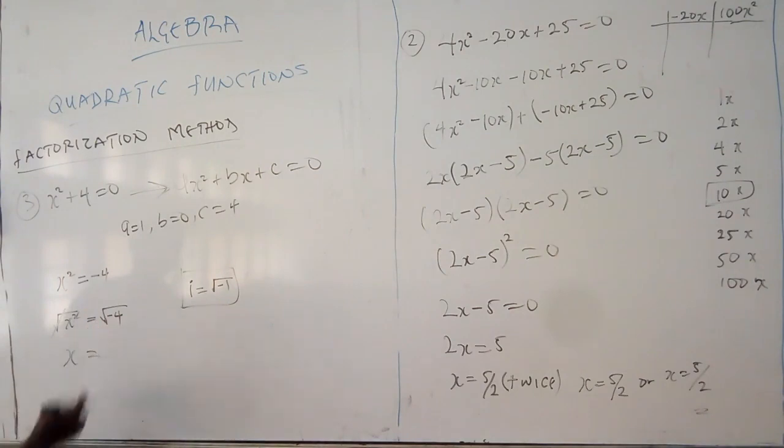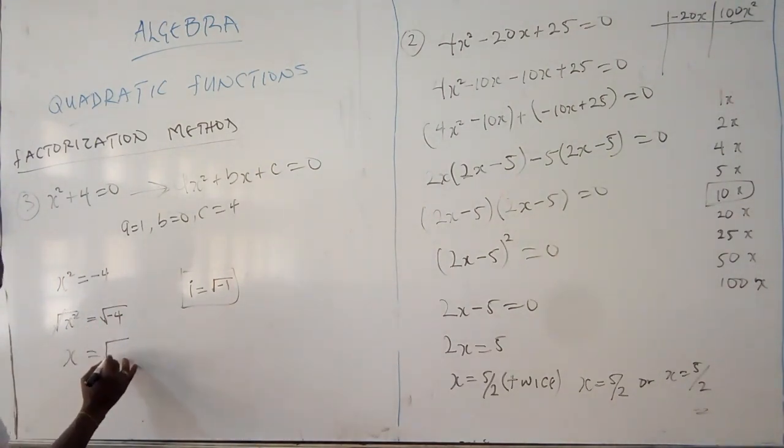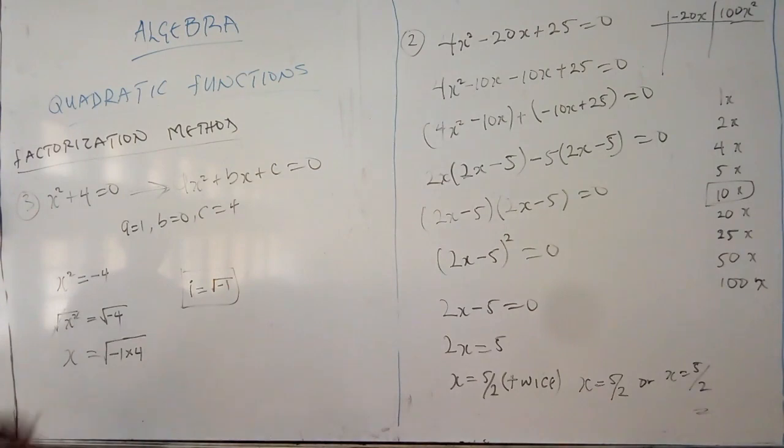So in this scenario, this can be written as root of minus 1 times 4. It is clearly the same thing, but what we are trying to do is remove this minus 1 to avoid having any issue.